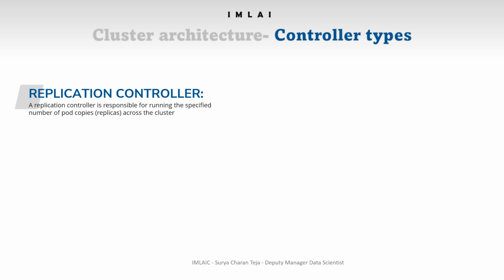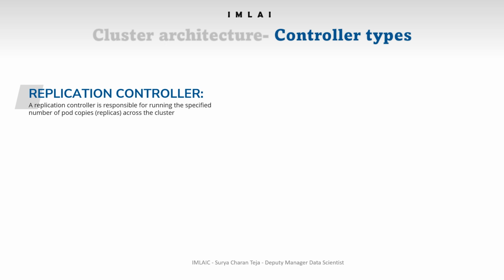Then the replication controller comes into action and it will make the current state the desired state. It will start 2 more pods, and then the current state will match the desired state.